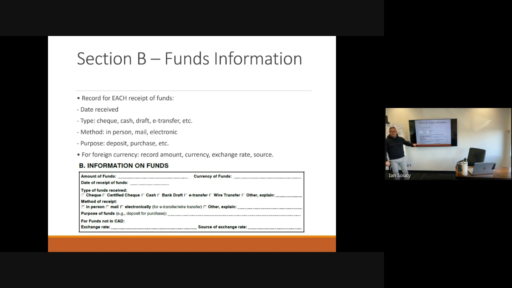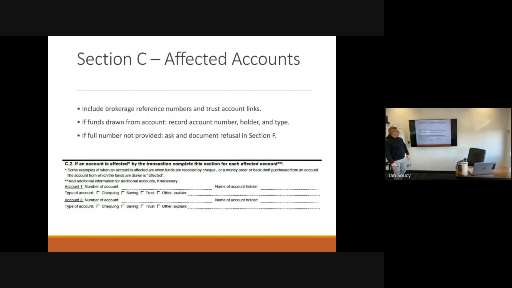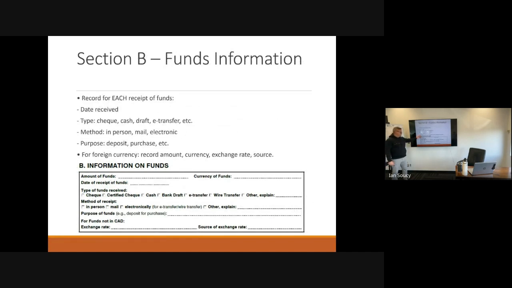So if it comes from, let's say, a couple buying a house, they each put $5,000 down, use 2 boxes. And I'll show you where, in the other section, how to do so. And if the deposit comes from a third party, a father, same thing, you put the purpose of the funds, it's the purchase.